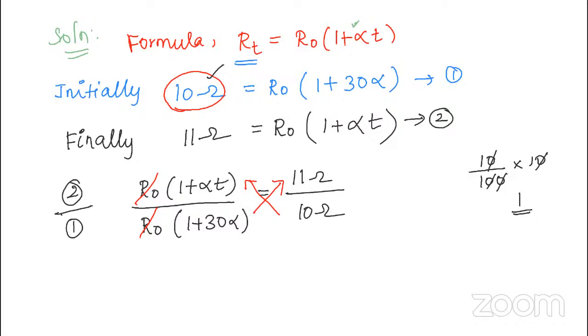So we find what change in temperature occurs for the change in resistance. Cross multiplying, we get 10 into 1 plus alpha T is equal to 11 into 1 plus 30 alpha.